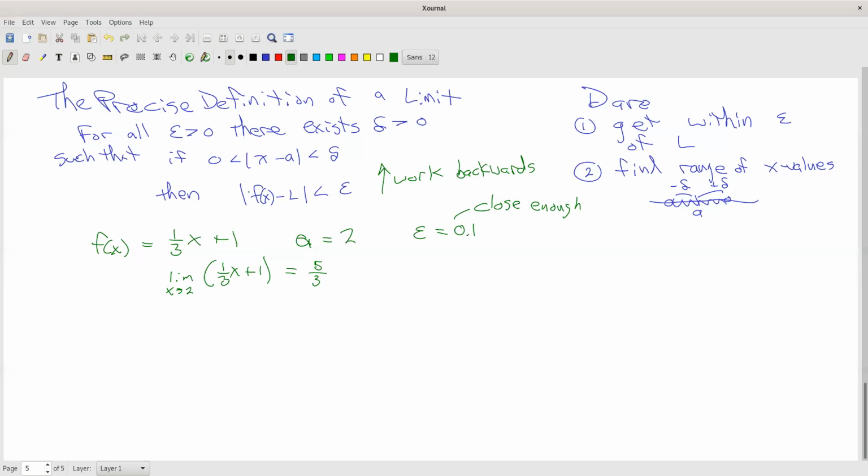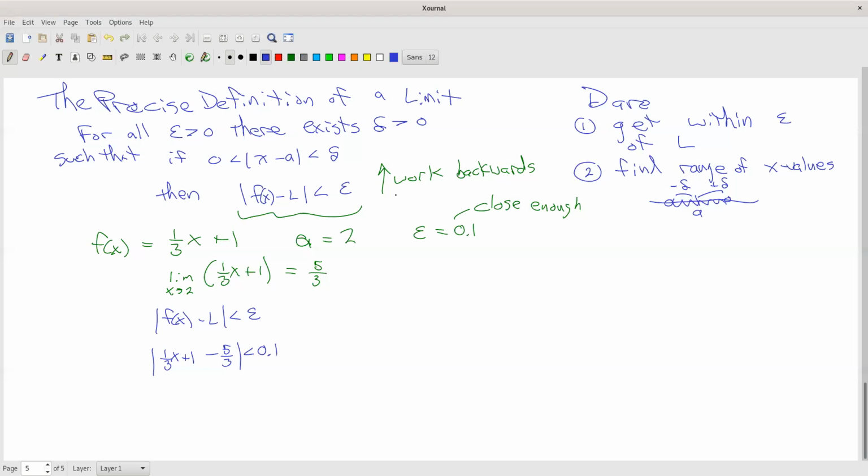We plug everything we know into that expression right there. So I'm just going to rewrite that expression down here. Absolute value of f of x minus L has to be less than epsilon, and then I plug in what I know. I know that f of x is 1/3 x plus 1 minus, I know L is 5/3, and then I know epsilon is 0.1.